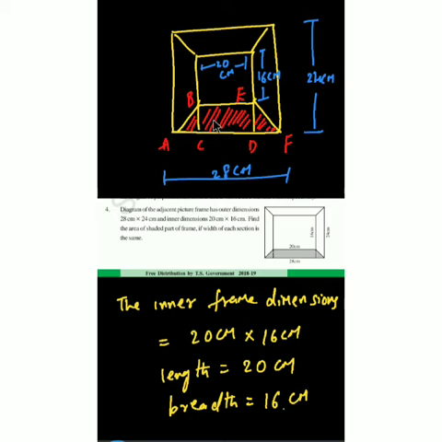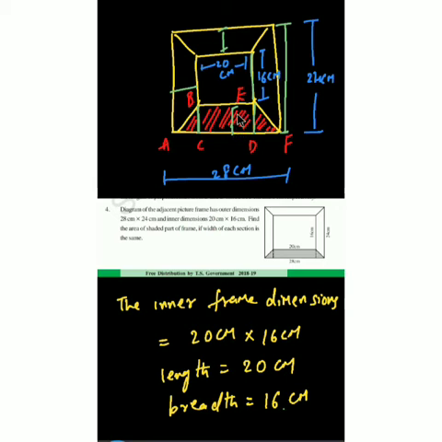So it means, here, what is the length of this? From here to here it is 24. So this and this both are equal.